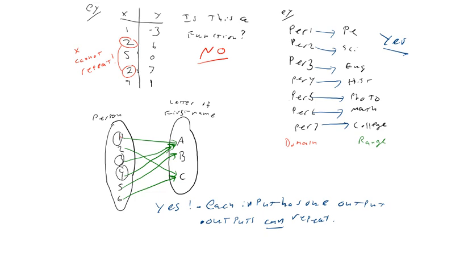If, for example, person number 1 had 2 different first name letters, like A and B, that would not be allowed. That would not be a function. But we don't have that. They only have one. So that's fine. Great. Good.